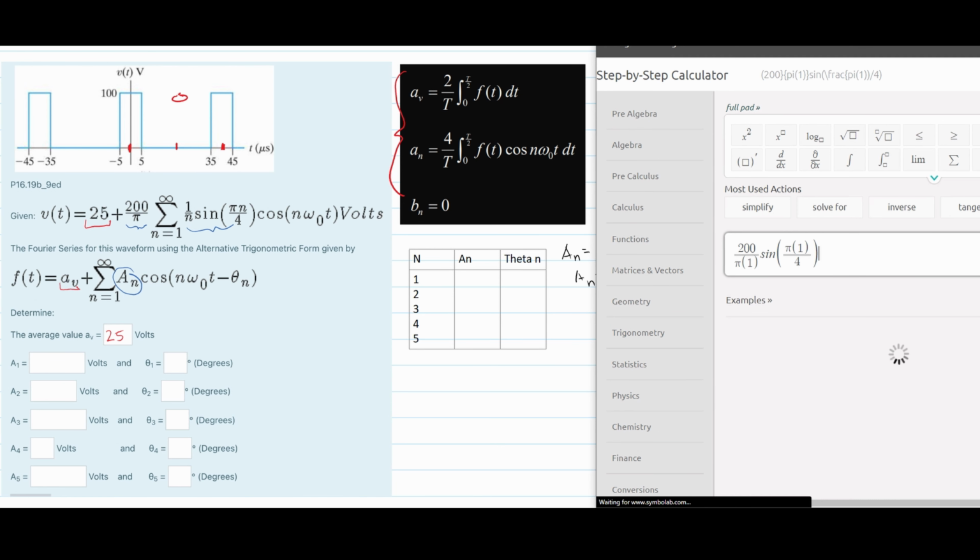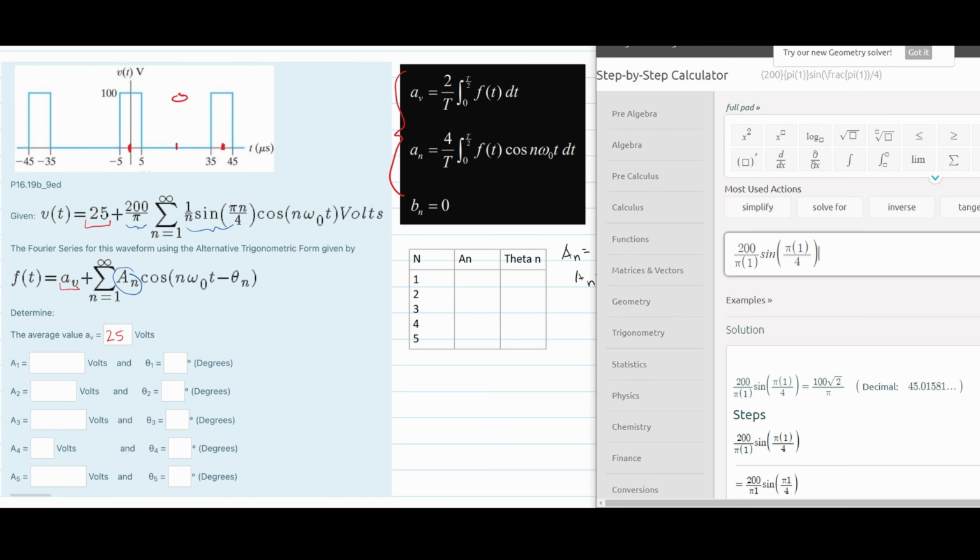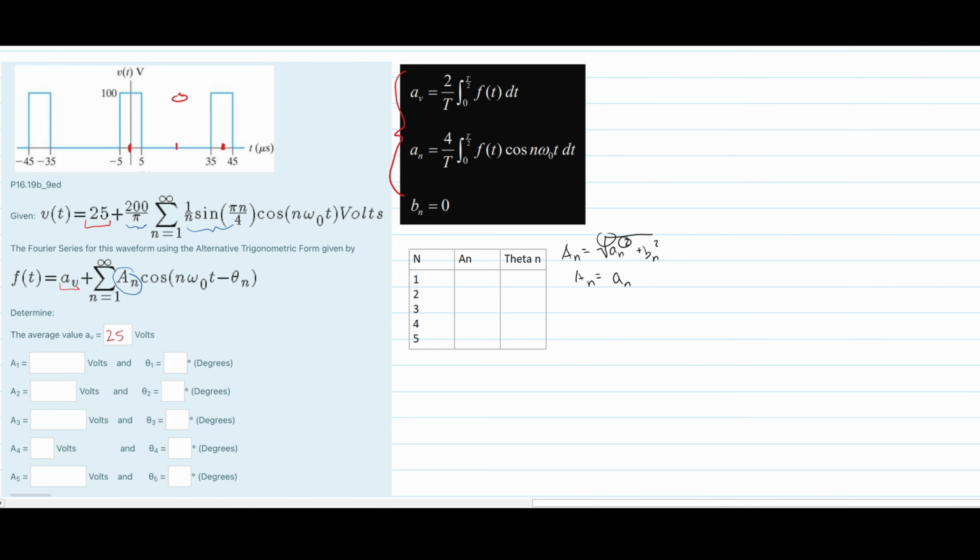When we have 1, like how we have right here, we're going to have the decimal value of 45. So in here we can come and write 45 for our A of n. Now we also need to know our angle. And so I didn't write this out, but our angle is equal to the tangent inverse of Bn over our An.